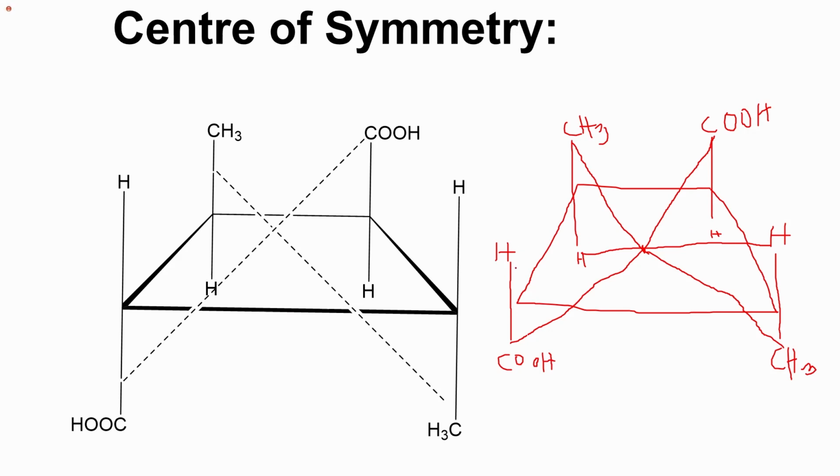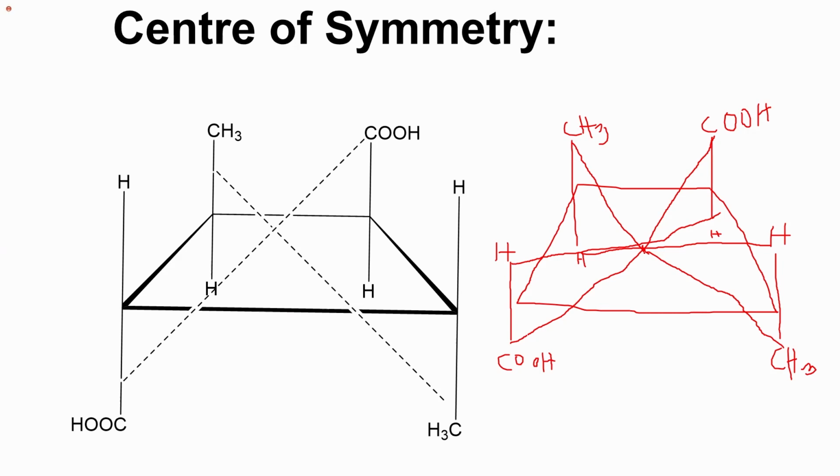Always we have to see the opposite isomers. So here also it is going and touching here. Now this is going through a center, so that means it has a symmetry, and this is called the center of symmetry.